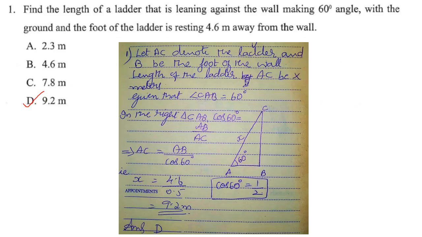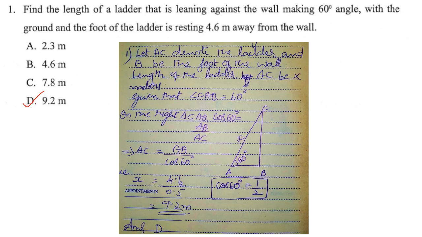Coming to the first question. The length of a ladder that is leaning against a wall, making a 60-degree angle with the ground, and the foot of the ladder is resting 4.6 meters away from the wall. So we have to find the length of the ladder.